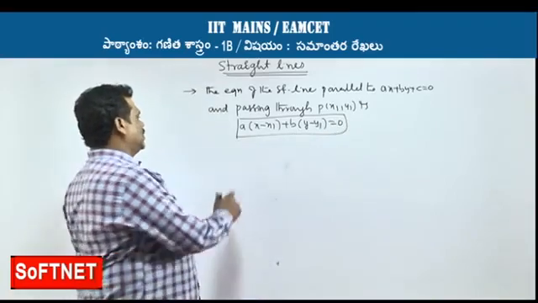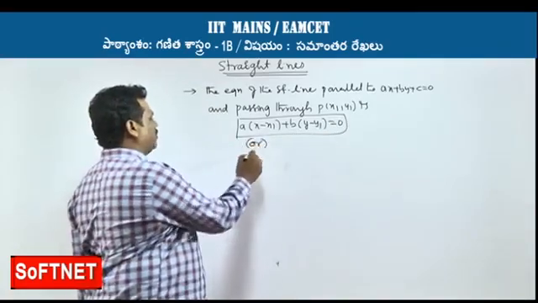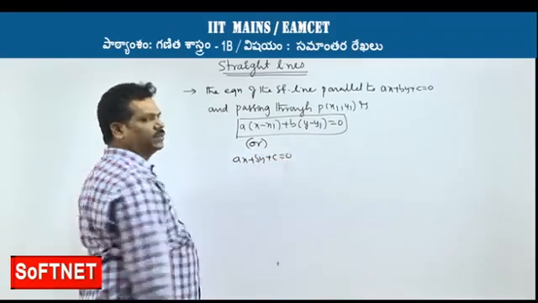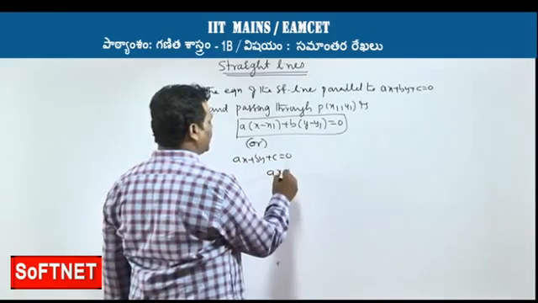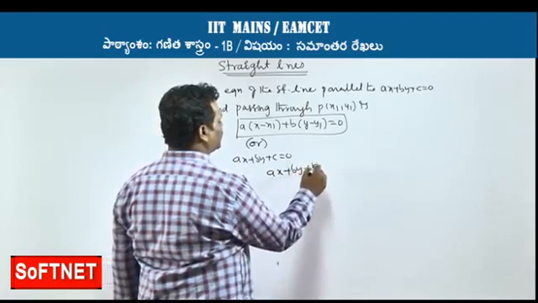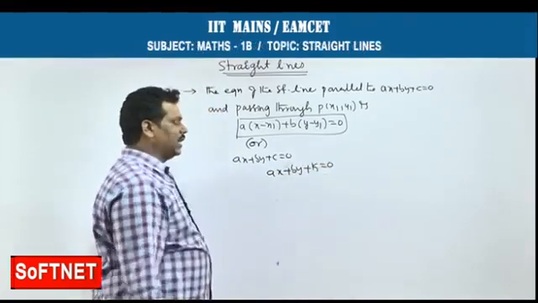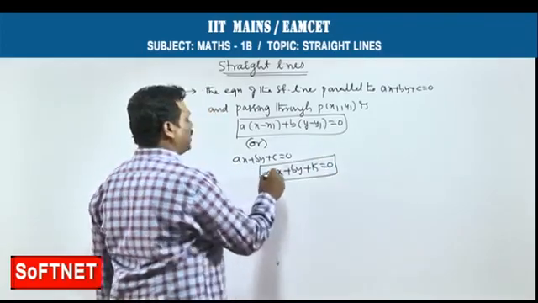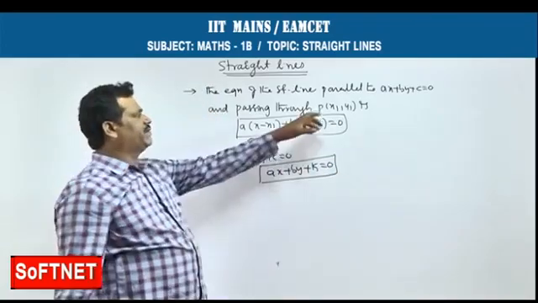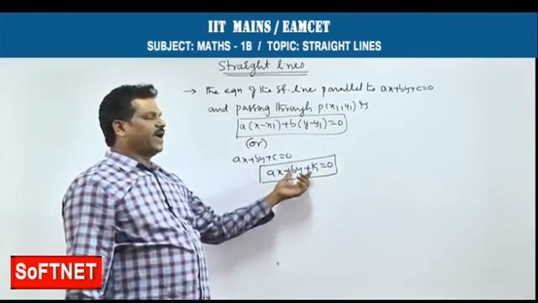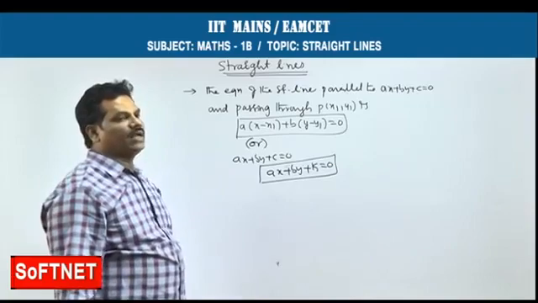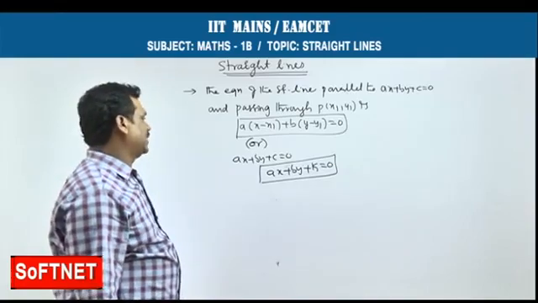Or the equation of the straight line parallel to ax plus by plus c equal to 0 may be taken as ax plus by plus k equal to 0. It passes through the given point P of x1 comma y1, and we have to find k. Substituting k in this equation, we get the parallel equation of the given straight line.